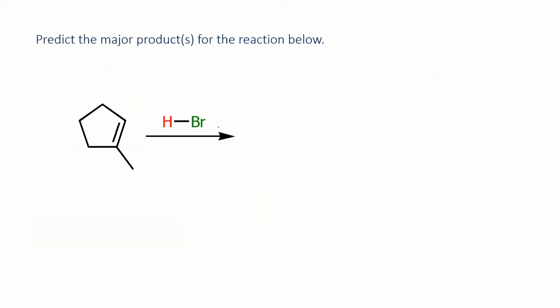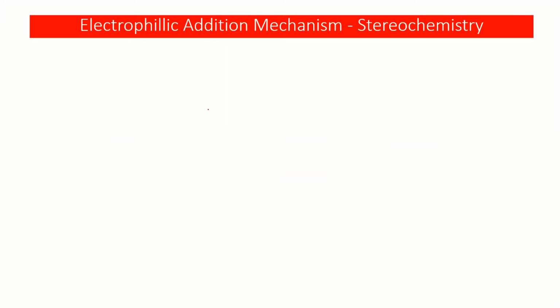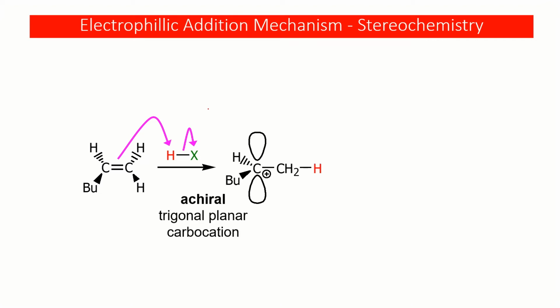We can also predict products like this, for example, and of course, you can see that Markovnikov dominates. In the case of the stereochemistry, you realize that on protonation, we end up with a carbocation that is planar, meaning that it's achiral.